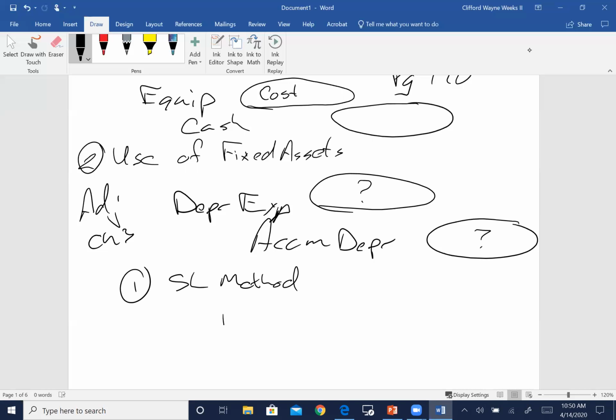And so to calculate depreciation expense, we're going to take the cost. And that's why identifying the true cost that we did up above is very important, because from that cost we're going to subtract our estimated residual.